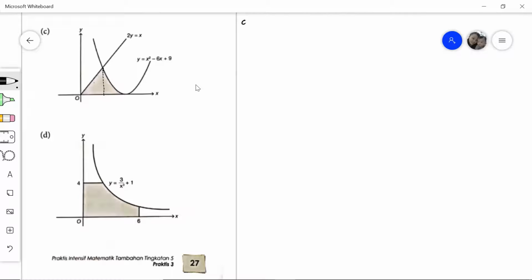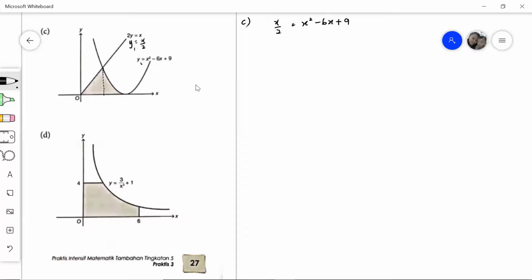For part C, the point of intersection can be found when y1 equals y2. Now this is not fully in y, so let's make sure it is y. This side is x over 2. Call this y1, this is y2. When y1 equals y2, we have x over 2 equals x squared minus 6x plus 9.